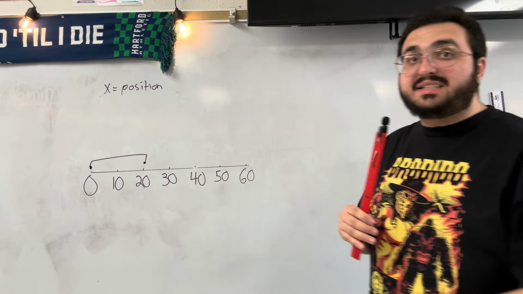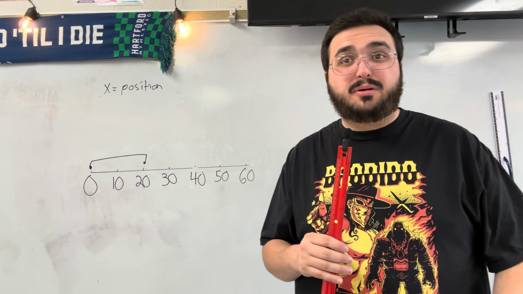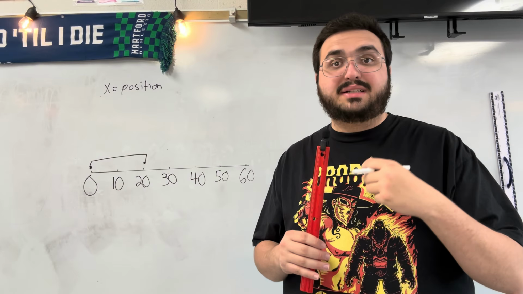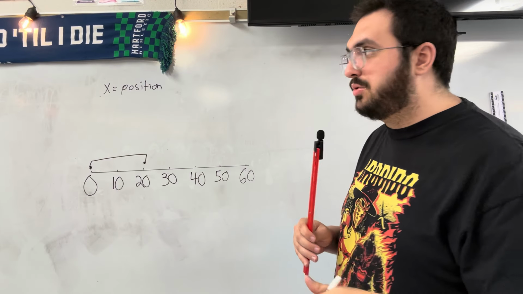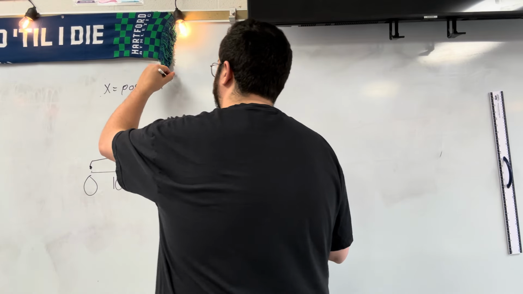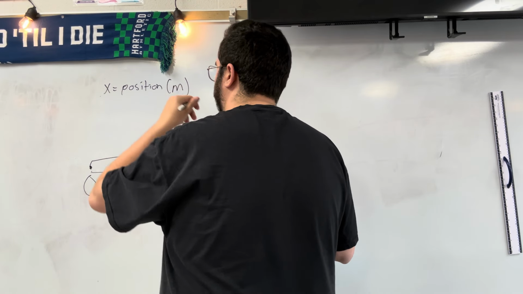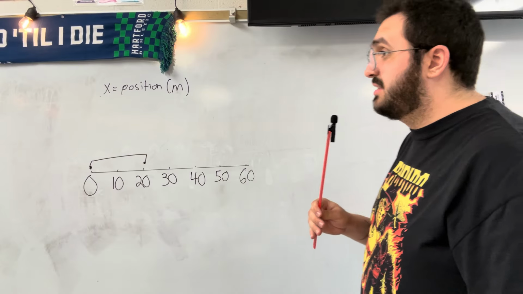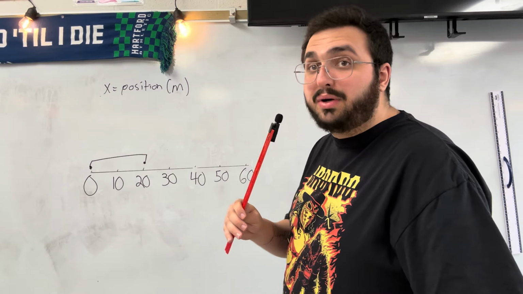Now, for this video, we'll be using centimeters for the most part, but I am going to convert this into meters because x should always be measured in meters. So the way that we convert from centimeters to meters is just dividing by 100. So 20 becomes 0.2.